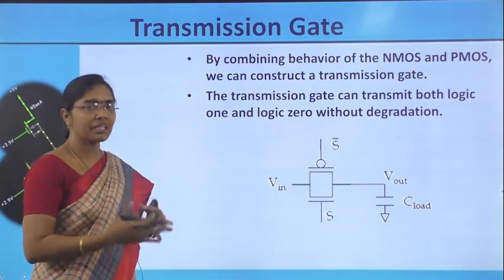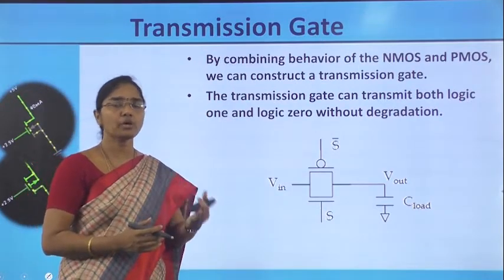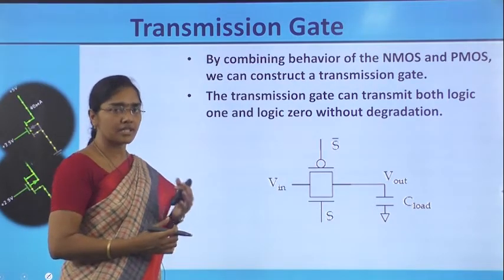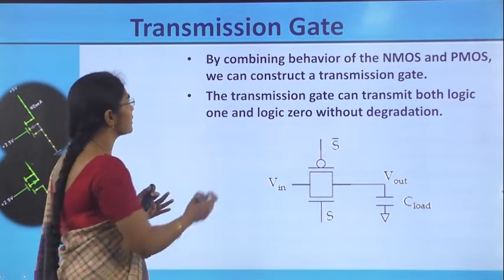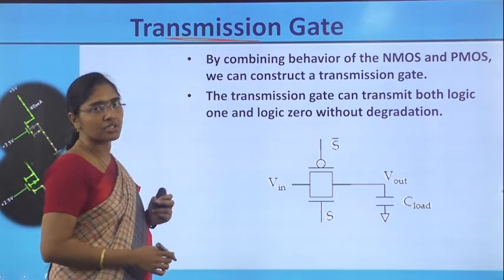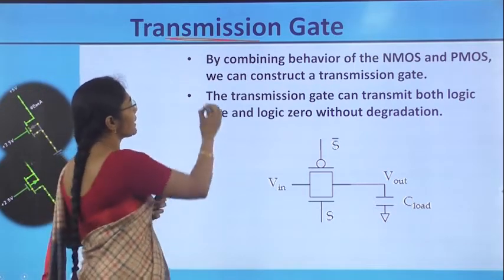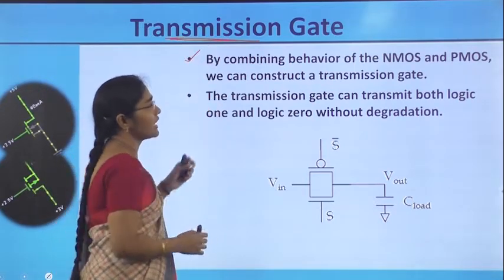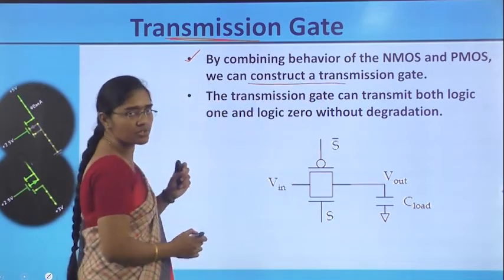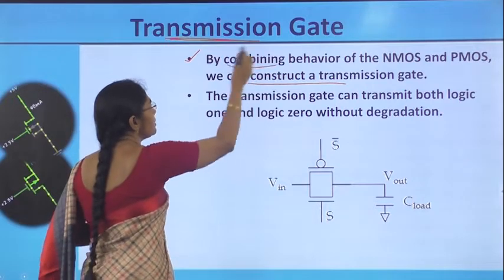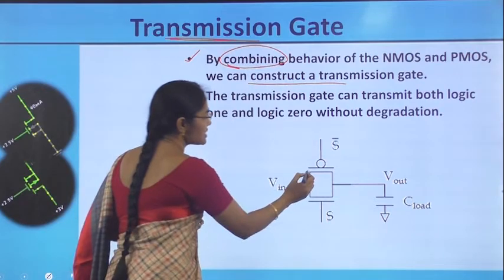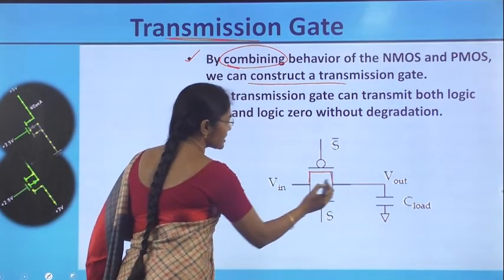So, the remedy to avoid that voltage loss or voltage degrading problem is nothing but a solution called the transmission gate. By combining the behavior of nmos and pmos transistors, we can construct a transmission gate. Combining means two transistors, nmos and pmos, are connected in parallel. So, this is the parallel connection of nmos and pmos.